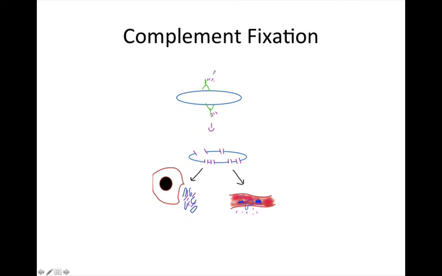Remember before, when I was talking about the antibodies, I said that the variable region is what interacts with the antigen, and the base of the heavy chain protrudes away from the pathogen. Now, the complement proteins interact with that heavy chain.